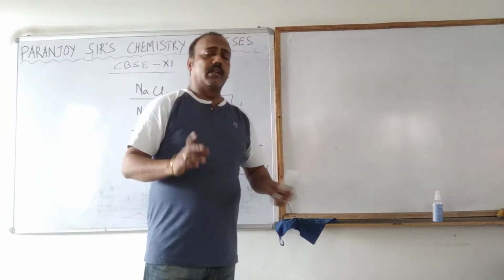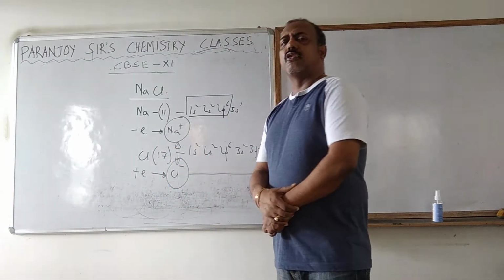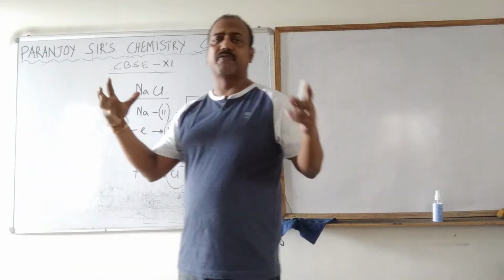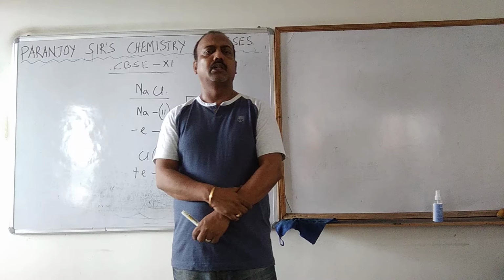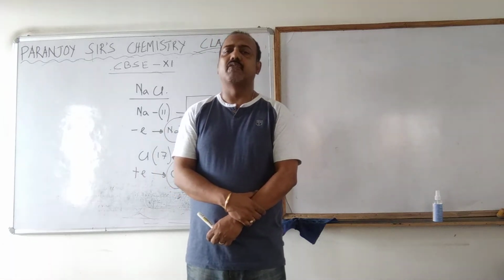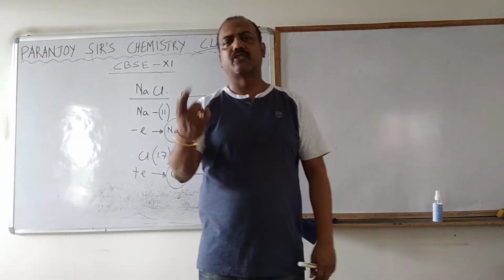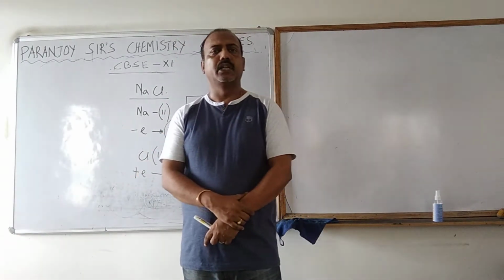Okay. Now, what is covalent bonding? All of us know that covalent bonding is when the force of attraction is generated between the atoms in the molecule by the sharing of electrons. One atom gives one electron, the other atom gives one electron, and that pair of electrons is shared between the two.